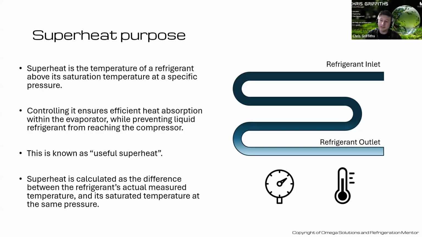That's calculated as the difference between that refrigerant's actual measured temperature, which we could detect with a probe or a sensor bolted onto the pipe, and then that saturated temperature at the same pressure. On a TXV, it will sense that superheat basically just by the refrigerant in the little vial sensor increasing and decreasing in volume as the temperature on that pipework changes.